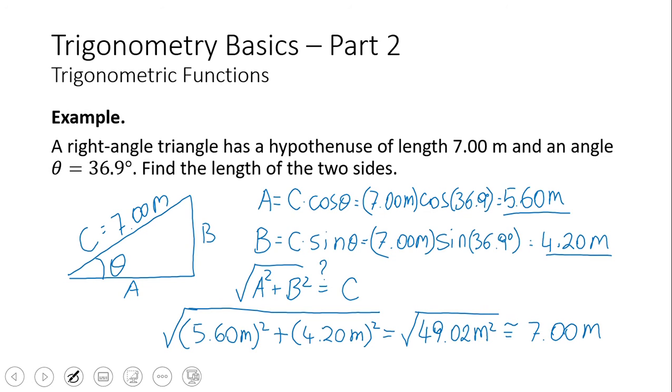So when you do these problems, if you're not sure about your answer, one way of checking is to plug your answers for the legs back into the Pythagorean theorem, and they should give you back the hypotenuse that you started with. In the next few videos, we're going to apply all of this machinery to the study of vectors.